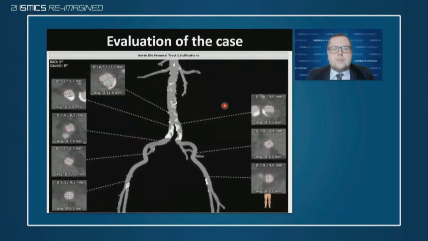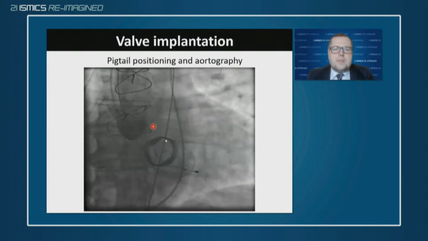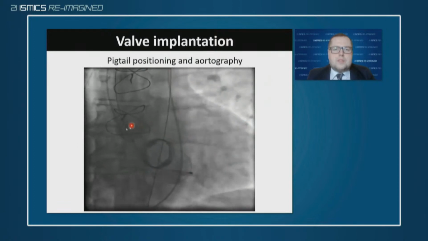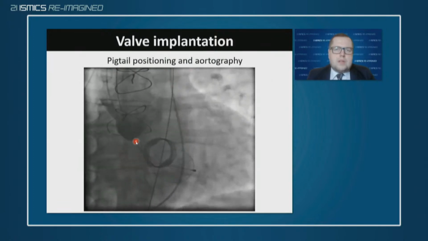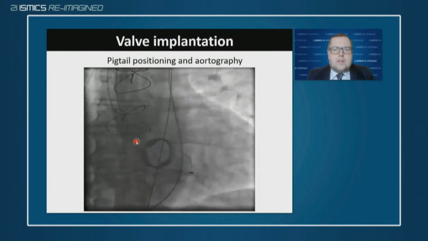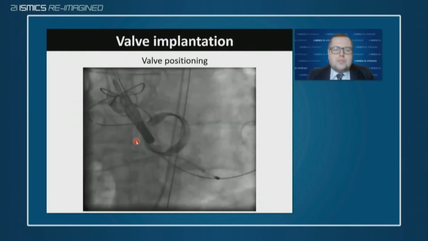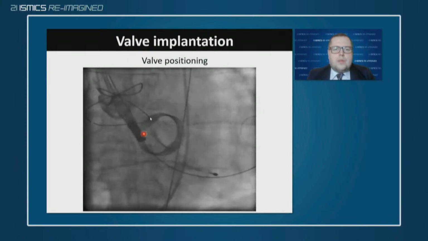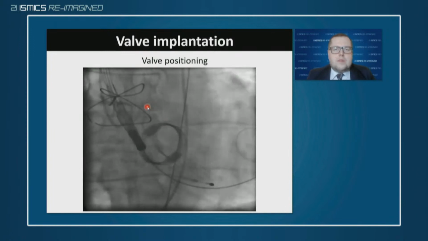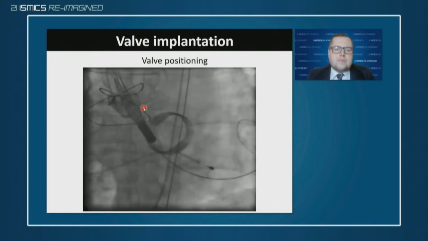Due to good size of the femoral arteries, we performed a standard transfemoral approach. First step, we put a 6 French pigtail in the non-coronary sinus and made aortography to check implant view. After checking implant view, we introduced the delivery system and started positioning of the valve.